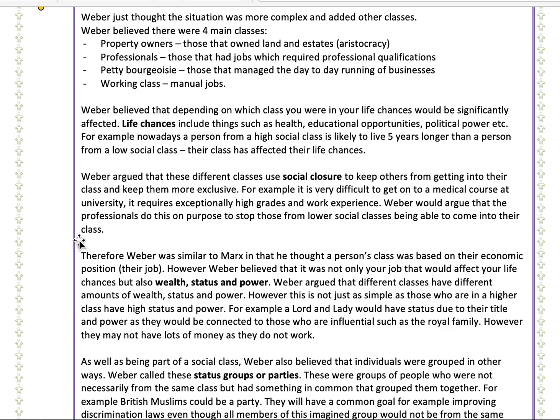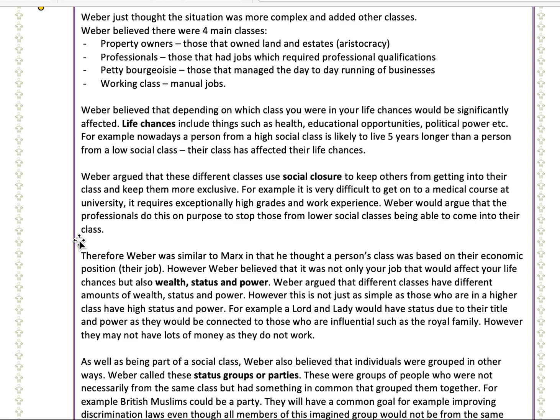He uses the concept of social closure. This is the idea that those in the most powerful positions, those at the top of the hierarchy, could maintain a sense of power and privacy and keep other people out of their group so it could retain its exclusivity.